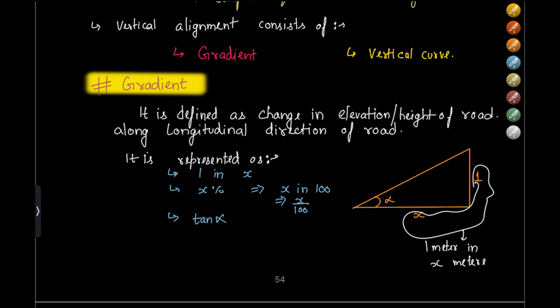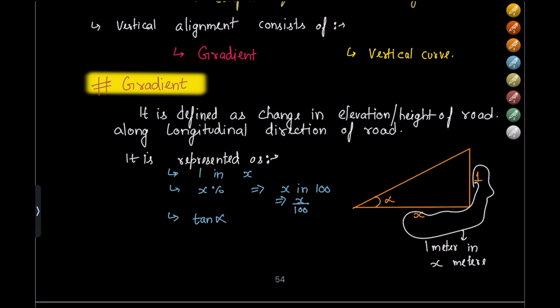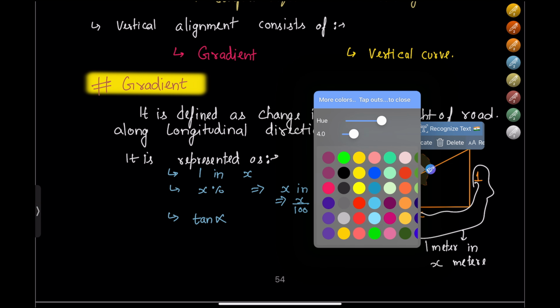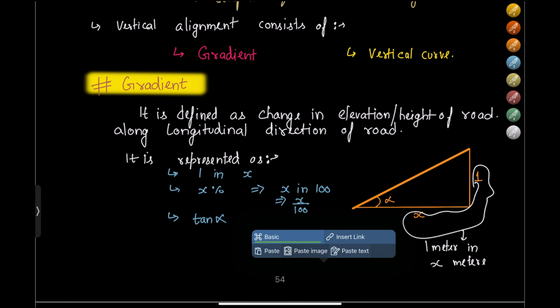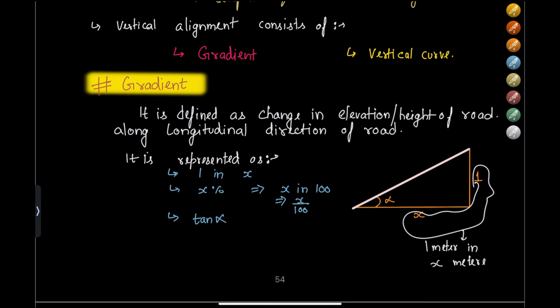Tan alpha is another way to represent it, where if we look at this diagram, alpha is the angle that is made by the road. This is the road we are talking about, and this is the horizontal alignment, and this is the vertical movement of the road.